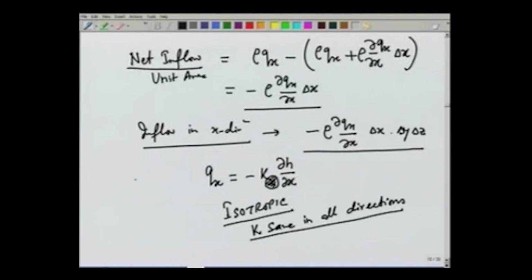Using Darcy's law, we can write q_x as minus k del h by del x, and therefore, from this we can write the inflow in the x direction as rho k.